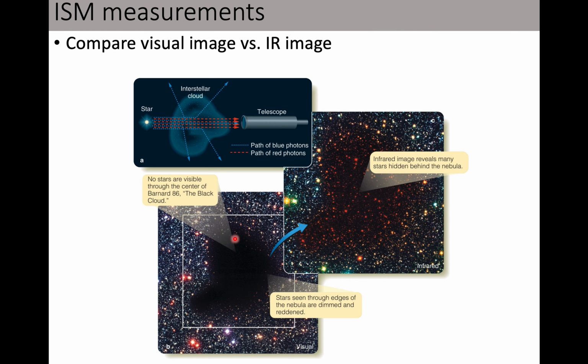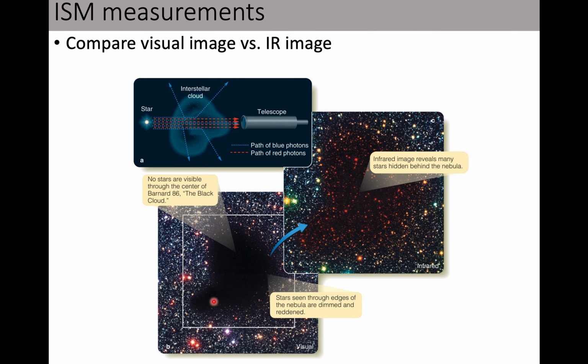And you'll notice that all the stars on the edge of the ISM are reddish. They kind of look orange in this picture. That's because we're seeing these stars through only the edge of the ISM, so it's a much thinner area of ISM. We're going to see these stars appear much more dim and shifted to the red.